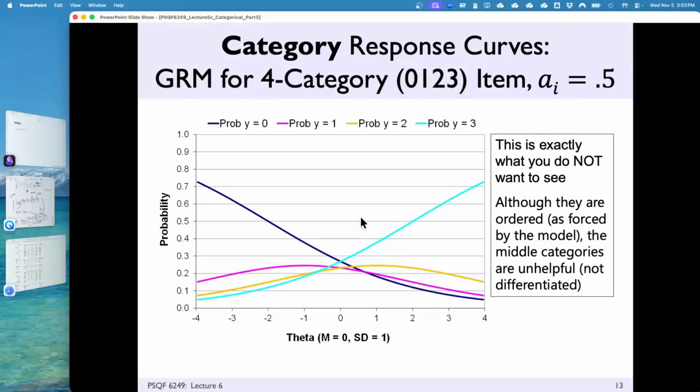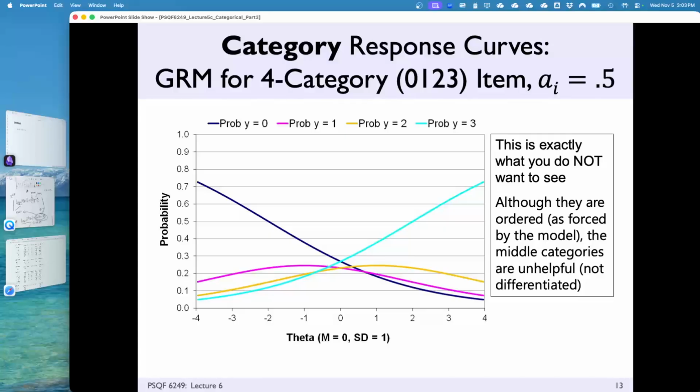So right here, for instance, this looks like real data. Right? What is this telling us? A person whose theta is below 0 is likely to pick the 0 category all the way up to where you get to 0. And then it flips.